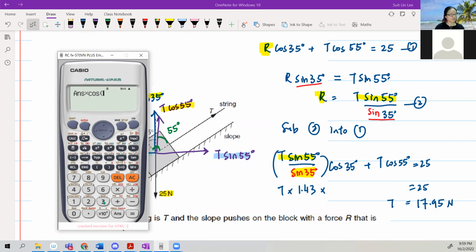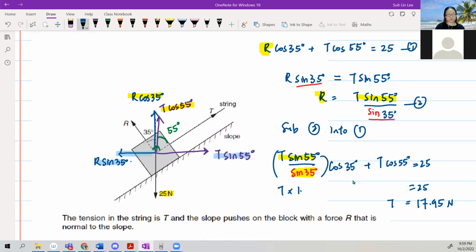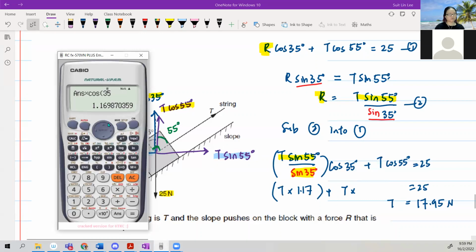I just times cos 35 directly. 1.67, 1.17, sorry. So this is 1.17 plus T times cos 55. So you can always just convert if you don't want to repeat errors, 0.574.